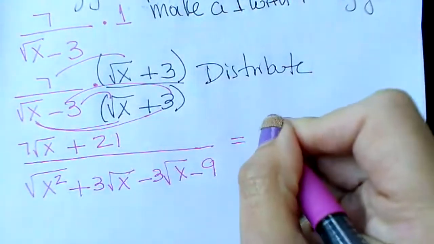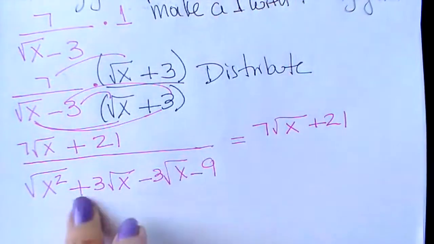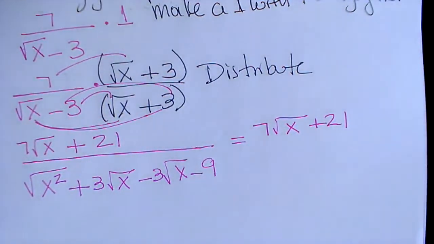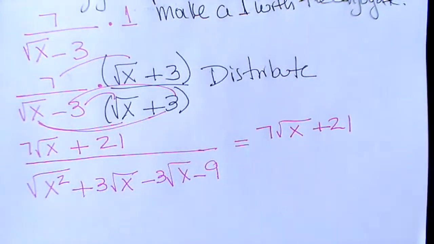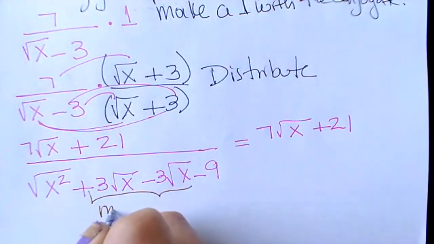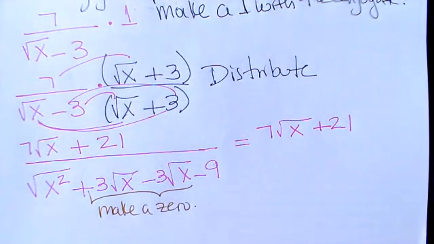Now, the numerator is exactly the same. And what happened here? Let me get a different color. This makes a 0, right? So what do I have left?